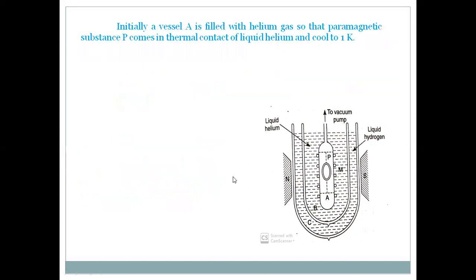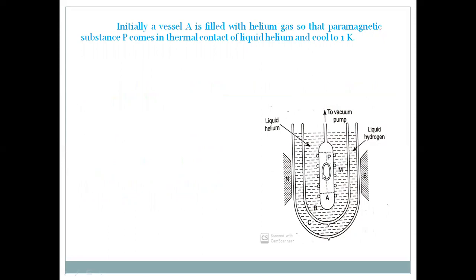Initially, vessel A is filled with helium gas. At a low temperature, helium gas is a good conductor of heat. So what happens when it is filled with the helium gas?